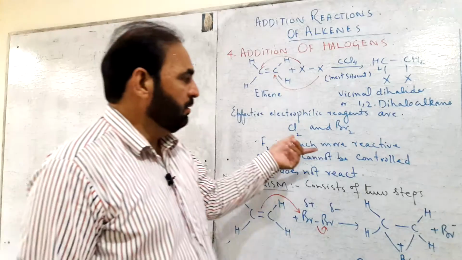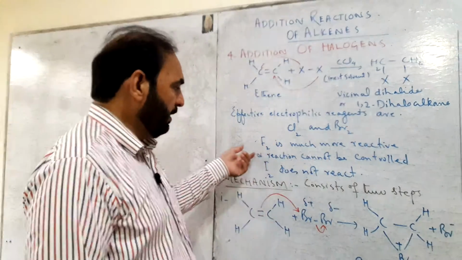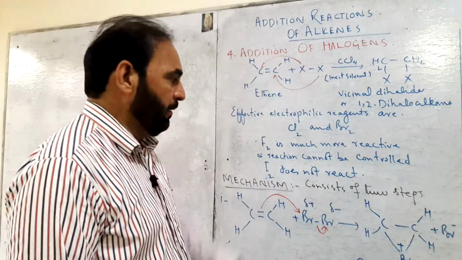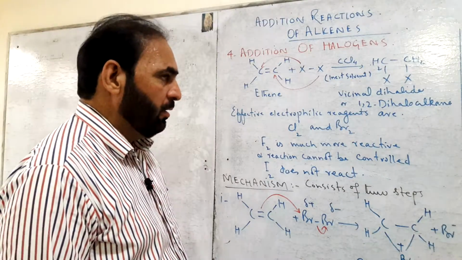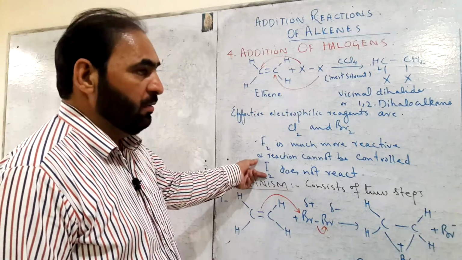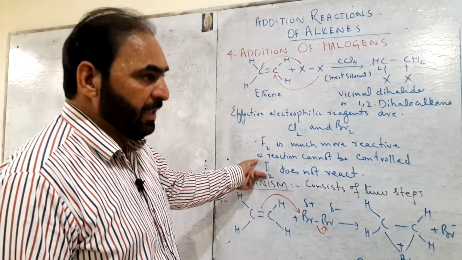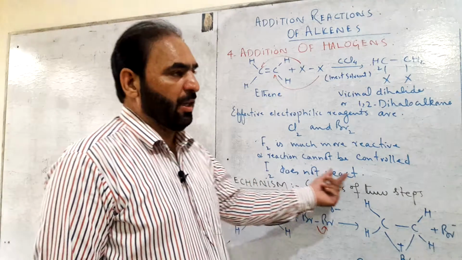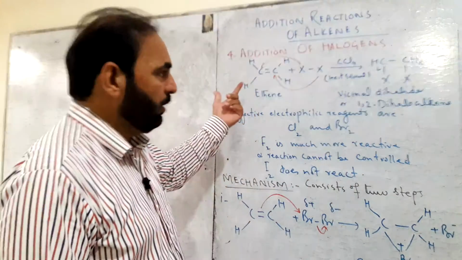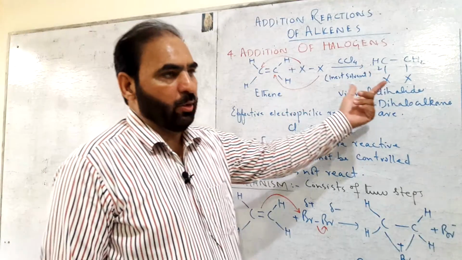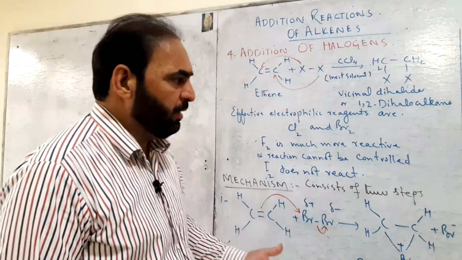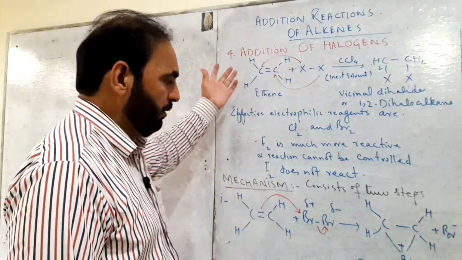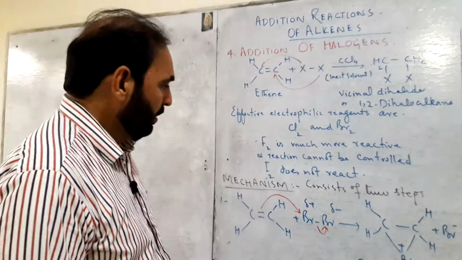Fluorine is much more reactive, as a result of which we cannot control the reaction of fluorine with any of the alkene. Iodine is the least reactive halogen, and it does not react to give a vicinal diiodide. Vicinal diiodide is difficult to prepare by the addition of iodine molecule to any of the alkene.